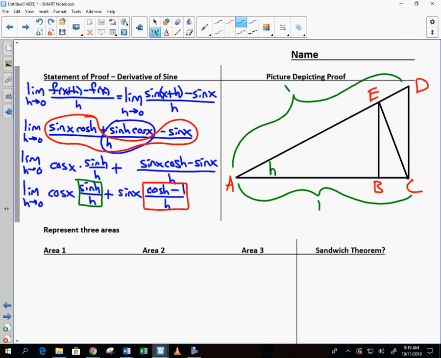Everybody good with that? I'm sorry, I mess this up every stinking time. This piece right here. Right there. That's 1.